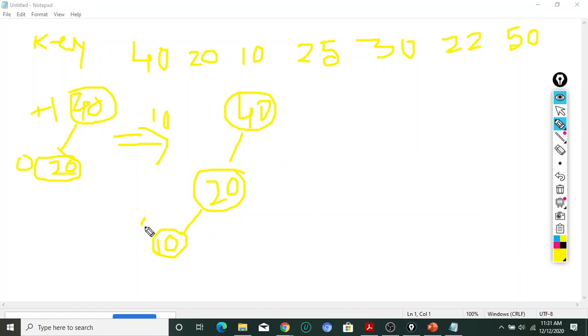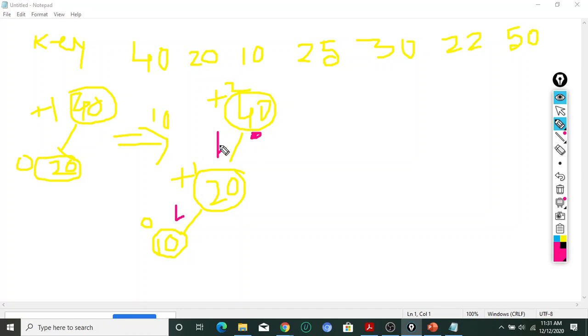Now we check the imbalance: this is 0, this is +1, and this is +2, so that is imbalance. Why is it imbalance? Because I have added the node in the left subtree of the left child, so the root node is imbalanced.